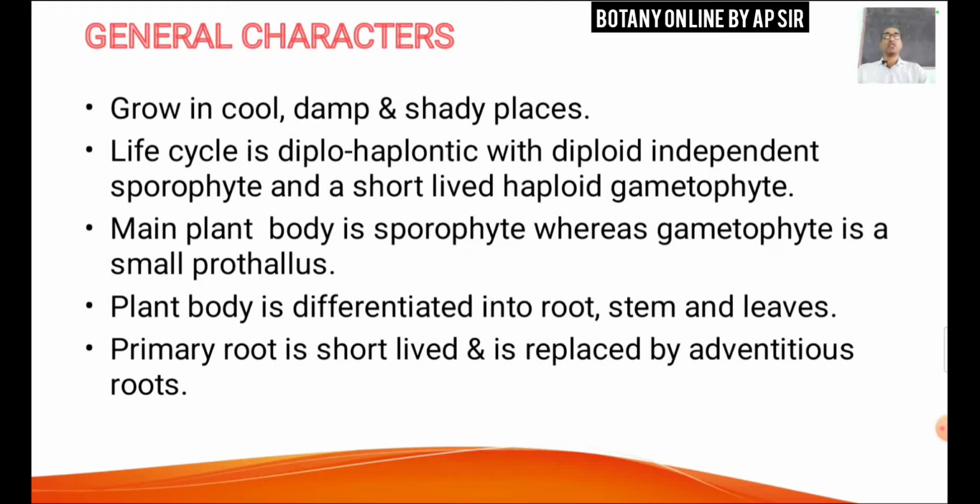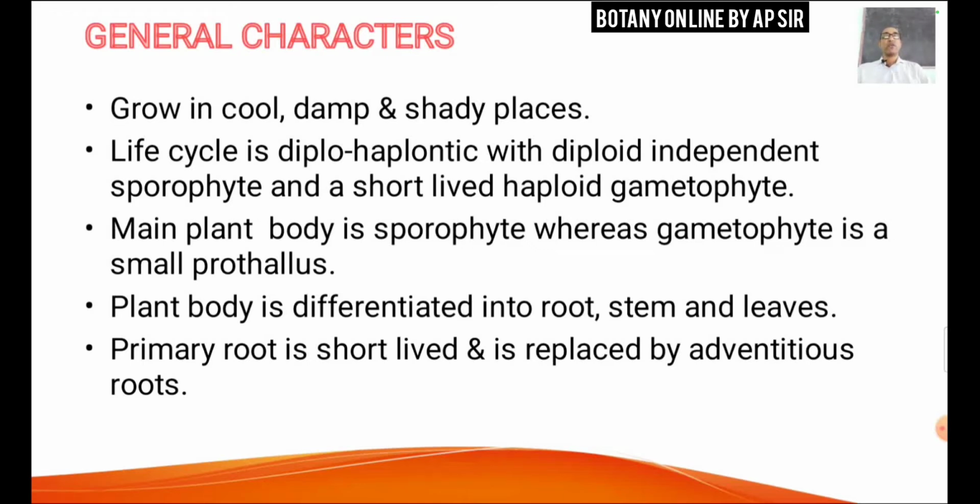But here it is just the opposite. The sporophyte is long-lived and diploid and independent, whereas the gametophyte is short-lived and haploid in nature, and also dependent on the sporophyte. Okay. So the main body is the sporophyte and the gametophyte is represented by a small prothallus.